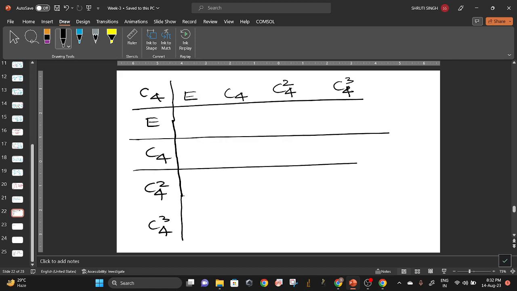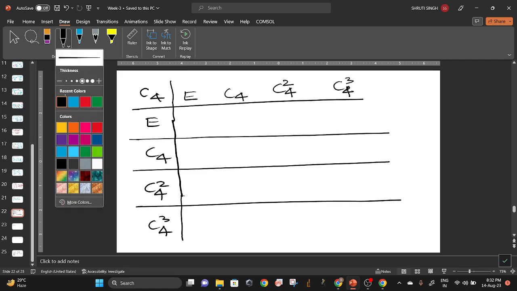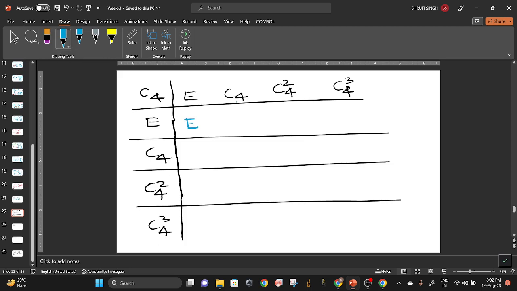What will be the first row and first column? Same as it is, because we are doing operation with respect to E. E dot E will be E. E dot C4 will be C4. E dot C4 square will be C4 square. This is C4 cube.